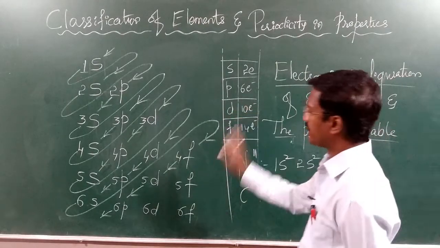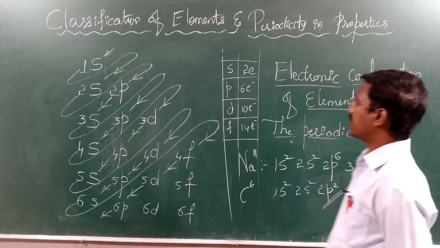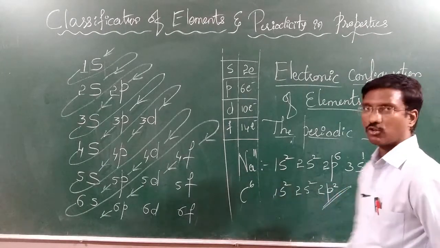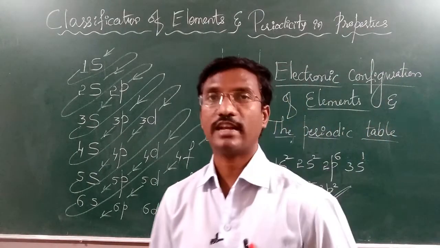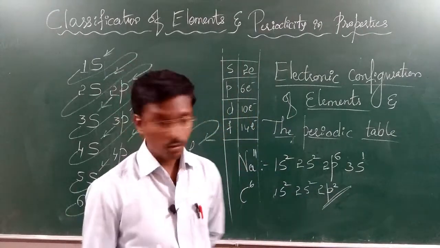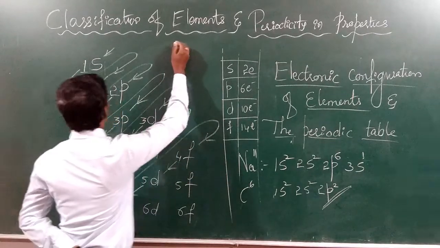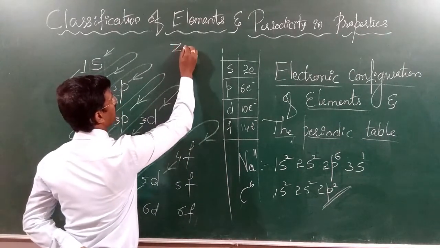Keep this in your mind at least, and from the next class I will tell you how to write the further electronic configurations, and based on the electronic configuration how you can explain the elements. So take this as homework.